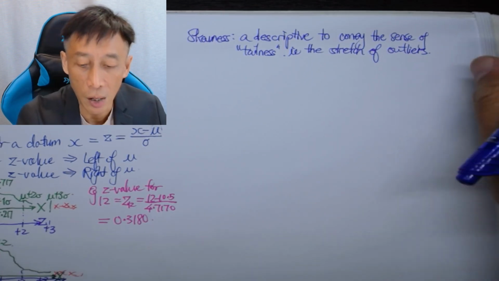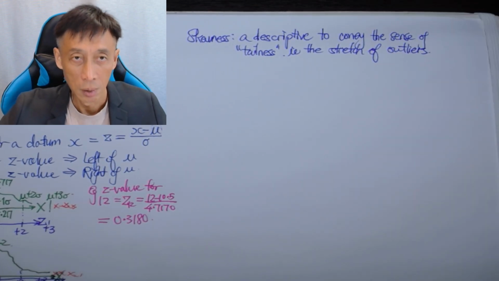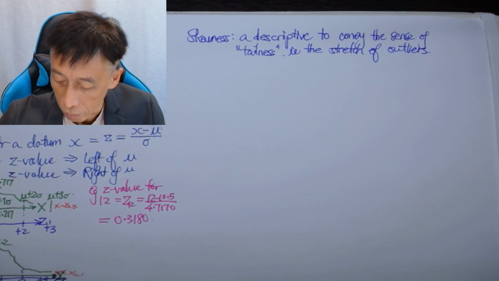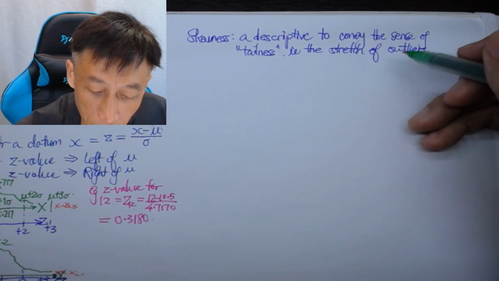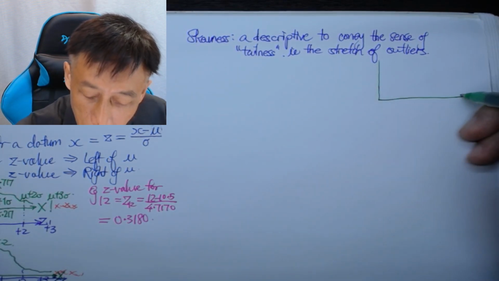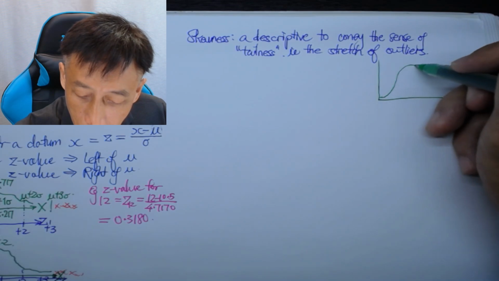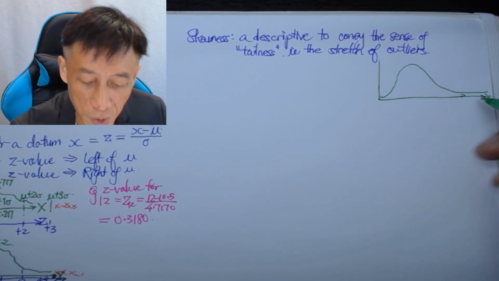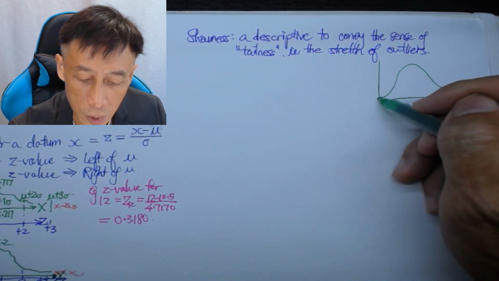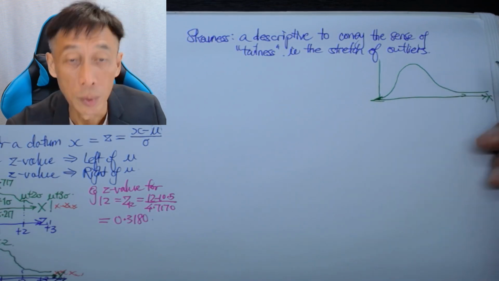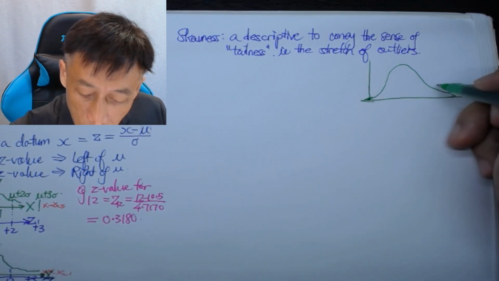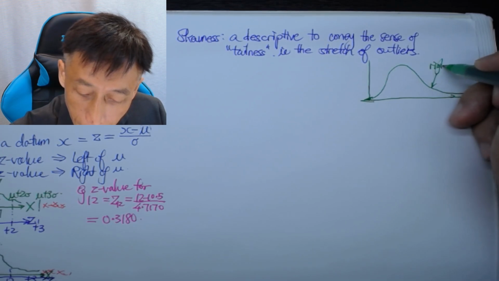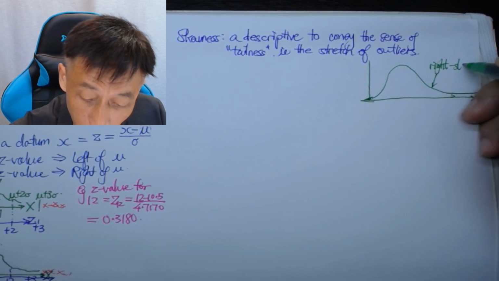So if the tail stretches out on the right, then it's a right skewed data set. So for example, we have this kind, right? The tail keeps going towards maybe infinity, and over here it is stopping at 0. Okay, so this is a right tail because the tail points towards the right: right skewed or right tailed.